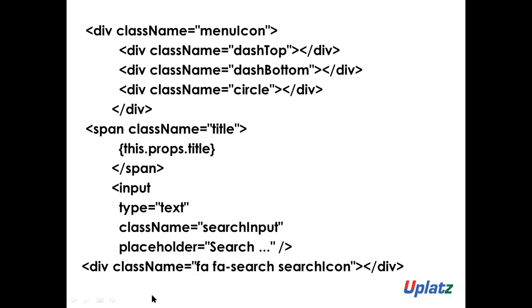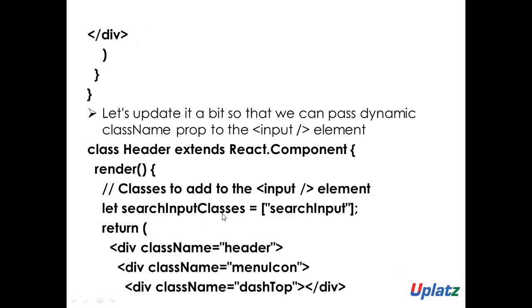Again, the input has the className search, and I have a placeholder, which means in that particular input field you will have the text Search, and the icon is fa-search. Next, I'm closing that. We can pass a dynamic className prop to that particular input element.